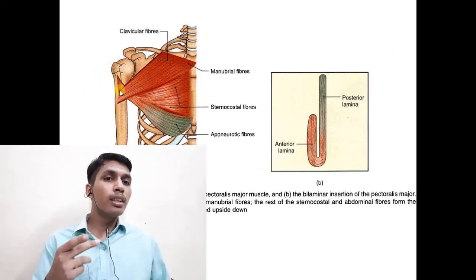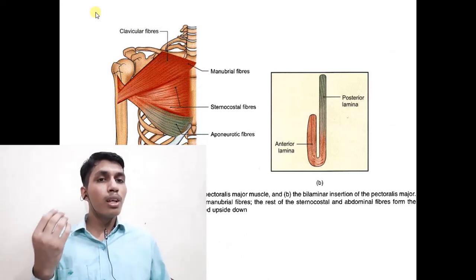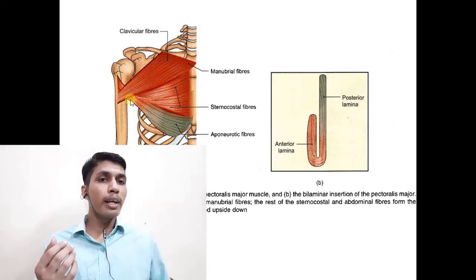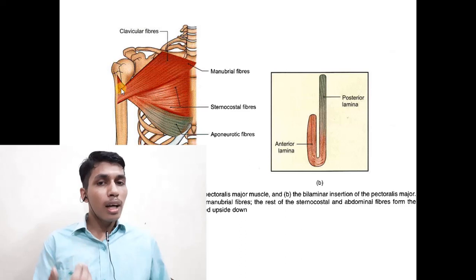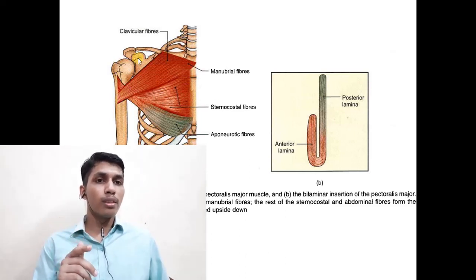And as they are twisted, the lowest point attaches highest to the humerus bone and the highest part is inserted at the lowest position on the humerus bone. So this causes the anterior axillary fold.